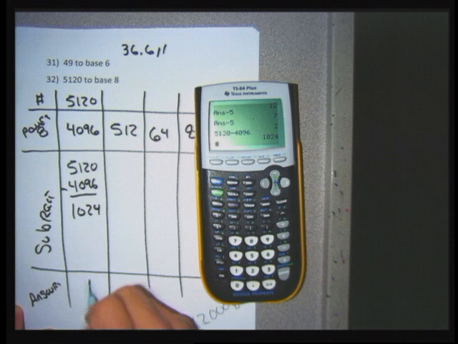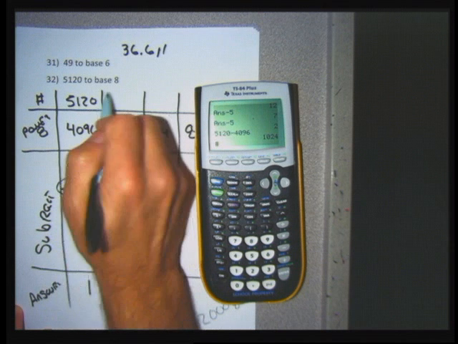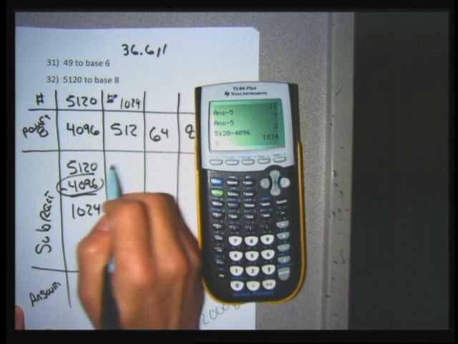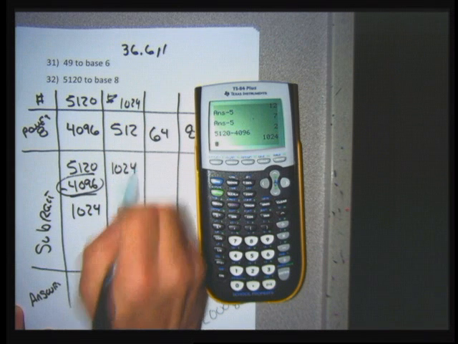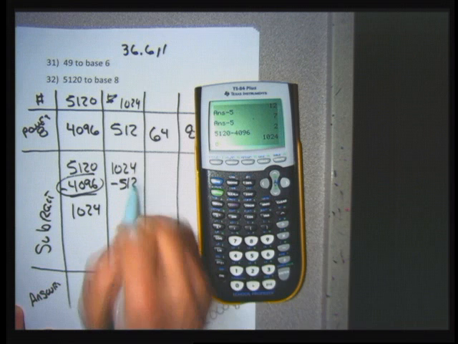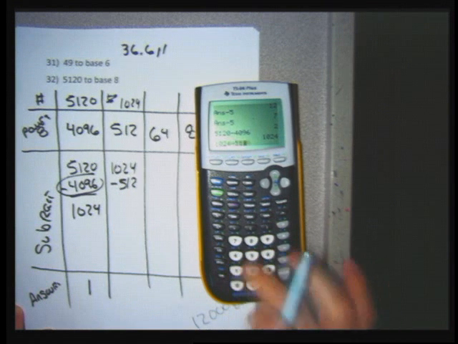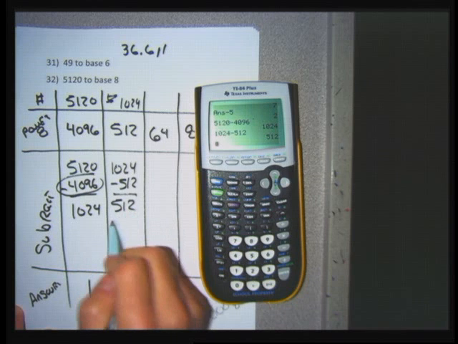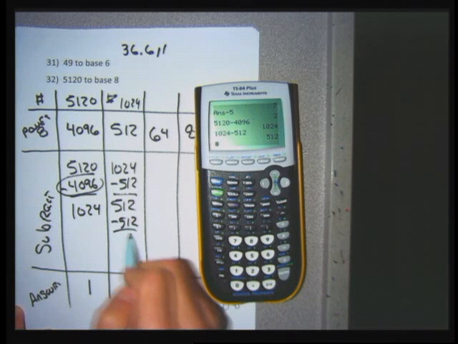Done with that number, write a 1 down, bring the 1,024 up, and subtract. 1,024 minus 512 is 512, and 512 minus 512 is 0.